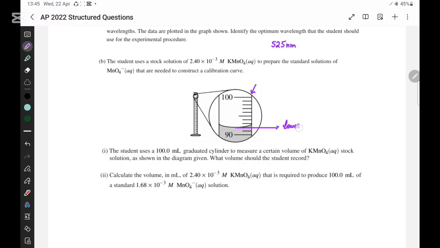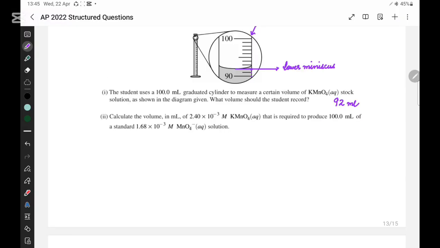So we have to find the lower meniscus here, and that comes out to be 90, 91, and that's going to be 92 milliliter.